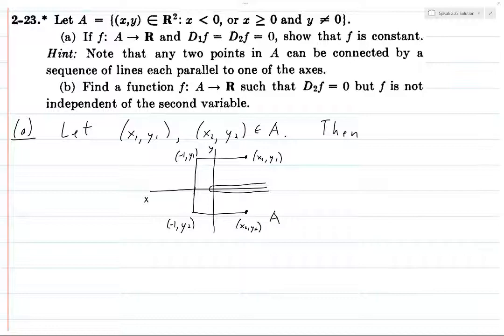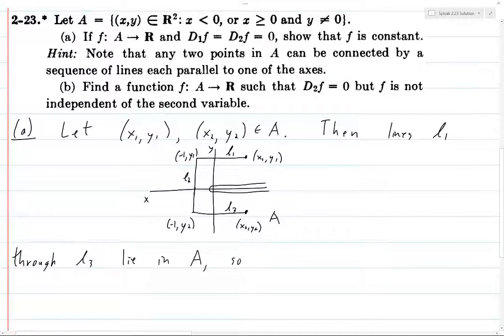Okay, so call these L1, L2, and L3. Then lines L1 through L3 lie in A.